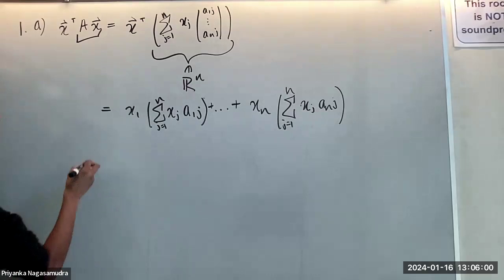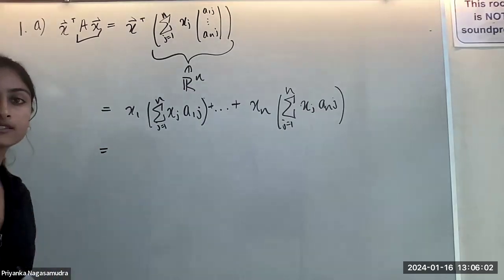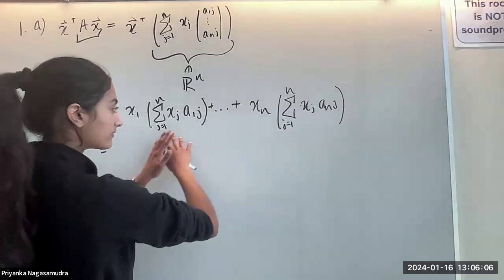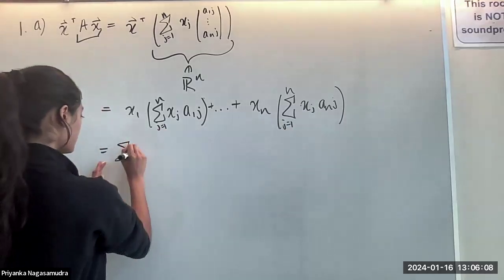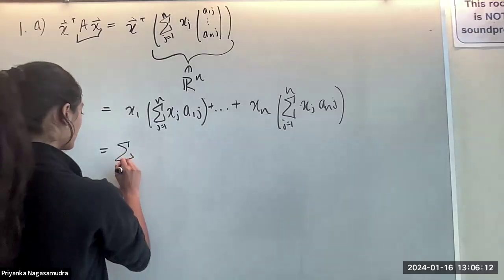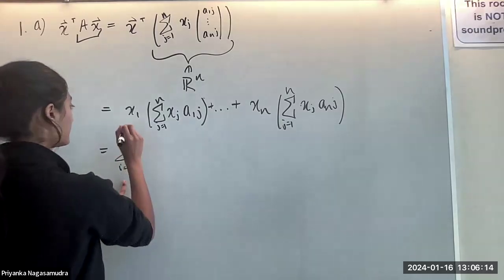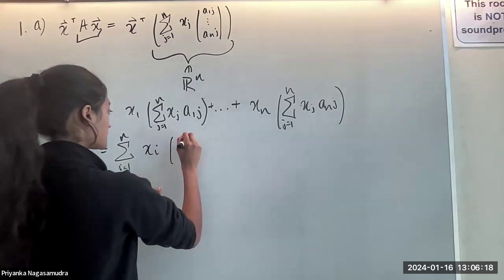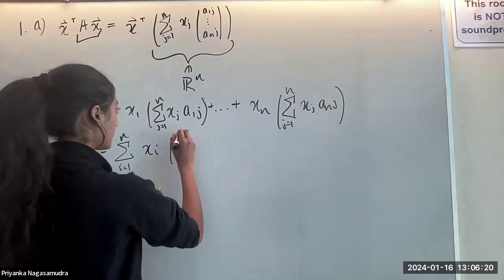And now we can simplify this by just summing this up with a summation, i equals 1 to n of xi times this product.